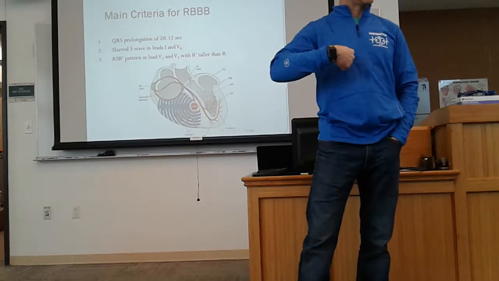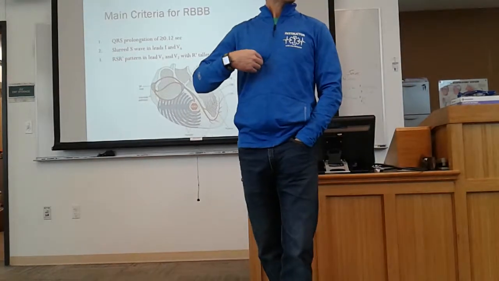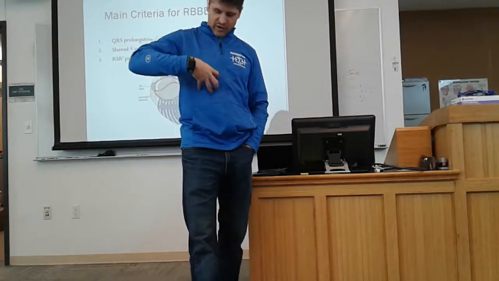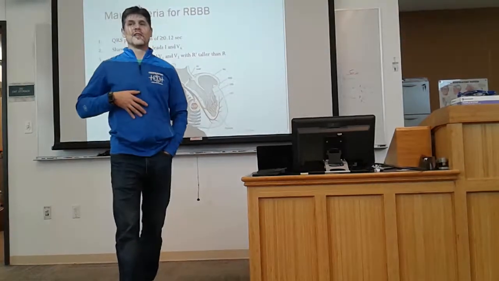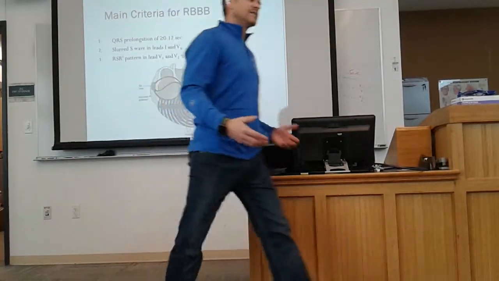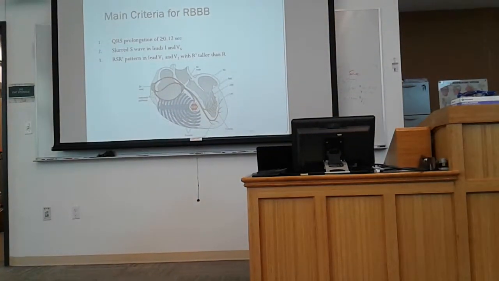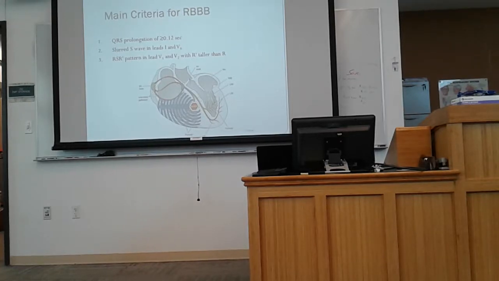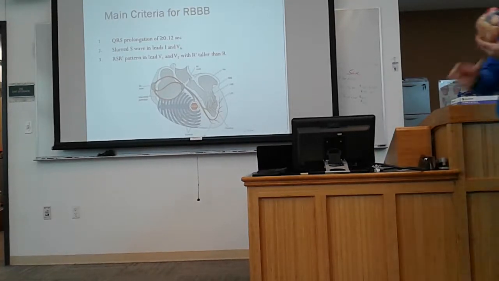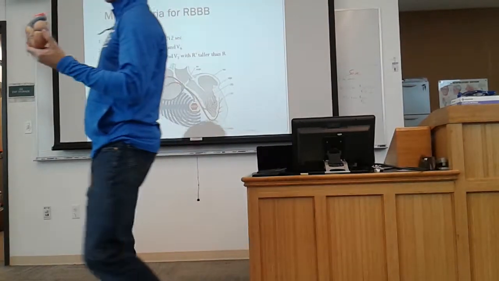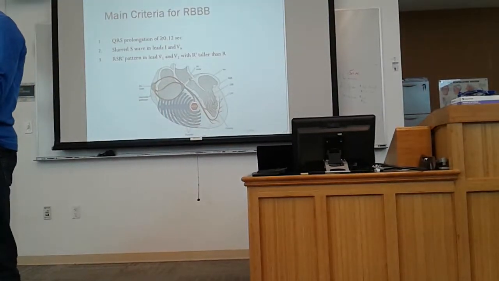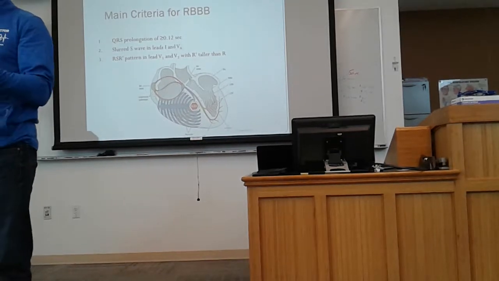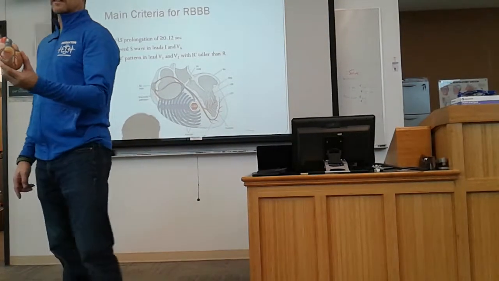Because V1 is right here. V1 looks from the center of the heart. V1 is looking right at the septum, and it's looking right at that right side. Remember that? You guys remember anatomically, big heart, how is this heart situated in my chest? Rotated to the left, like this.